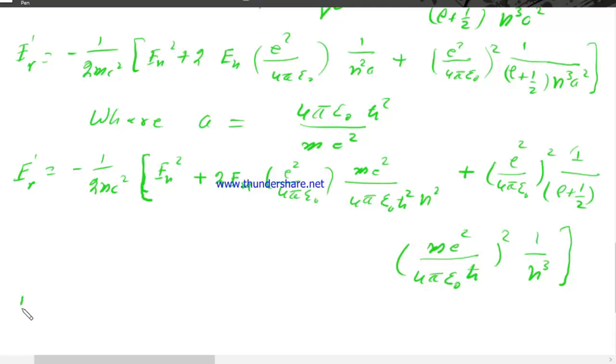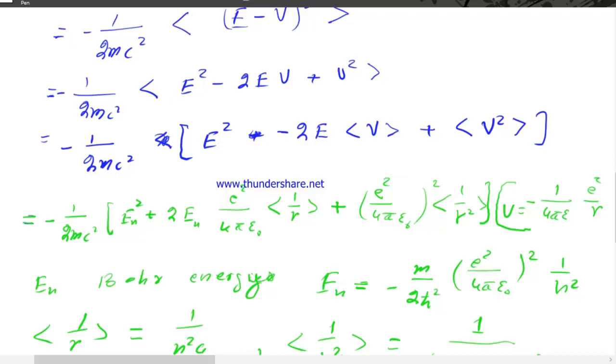Then the E1 or the relativistic energy is equal to minus 1 over 2mc² into En² plus 2En. Now we write this equation in terms of Bohr energy, then we can change these terms into the energy value.